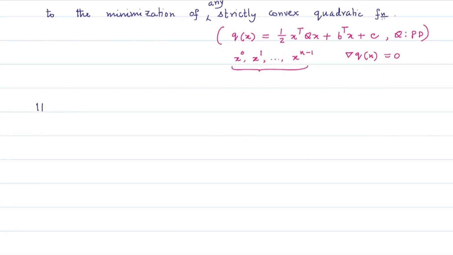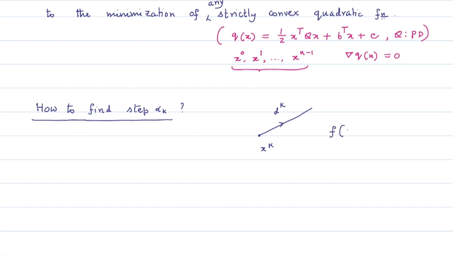We are under the question how to find the step length alpha k. This alpha k is the step to be taken at the point xk along the direction dk. Along the direction dk, the function f reduces to a function of the points lying in this ray.